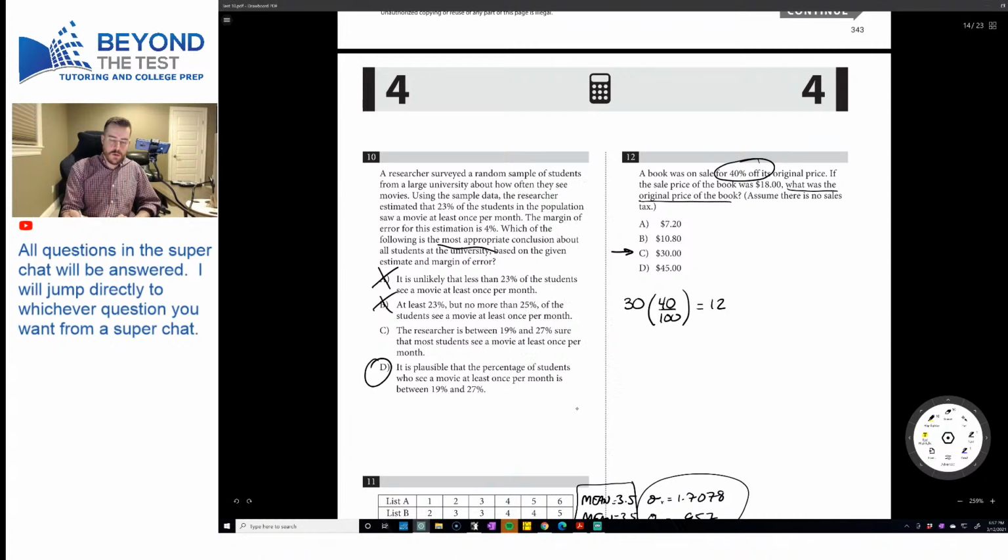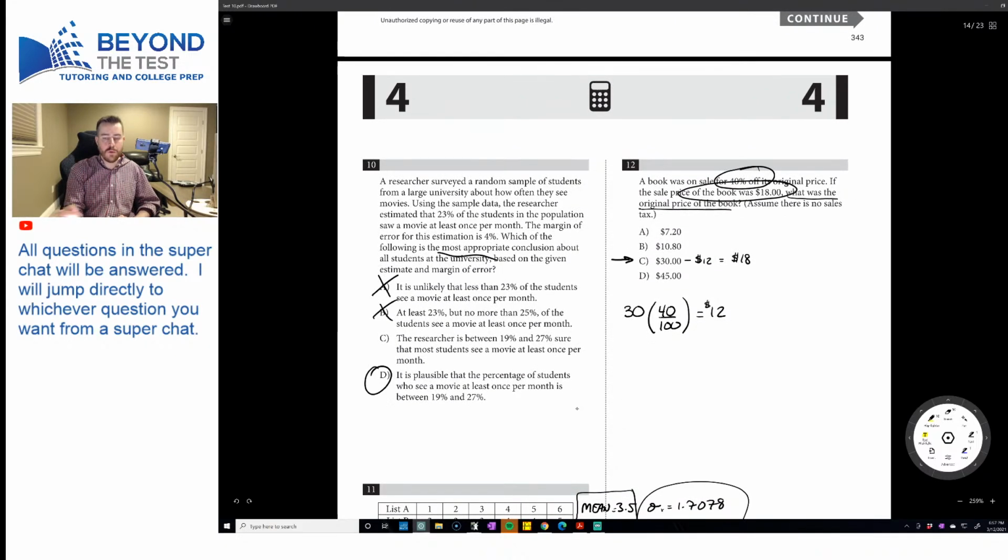So that means 40% would be $12. So if it was $12 off of this, then the final price, 30 minus 12, would be $18. Oh, look at that. The sale price was 18. That's exactly what we wanted. So right away here, I know the answer must be C, and we'd be done.